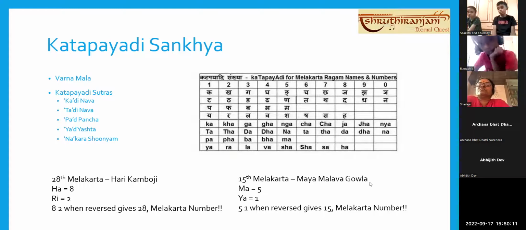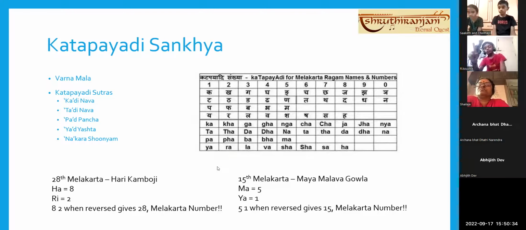Look at the 15th Melakarta. Mayamalavagaula. What are the first two syllables? Maya. What is the number for Ma? Ma is 5. Ya is, where is Ya? Here. Ya is 1.